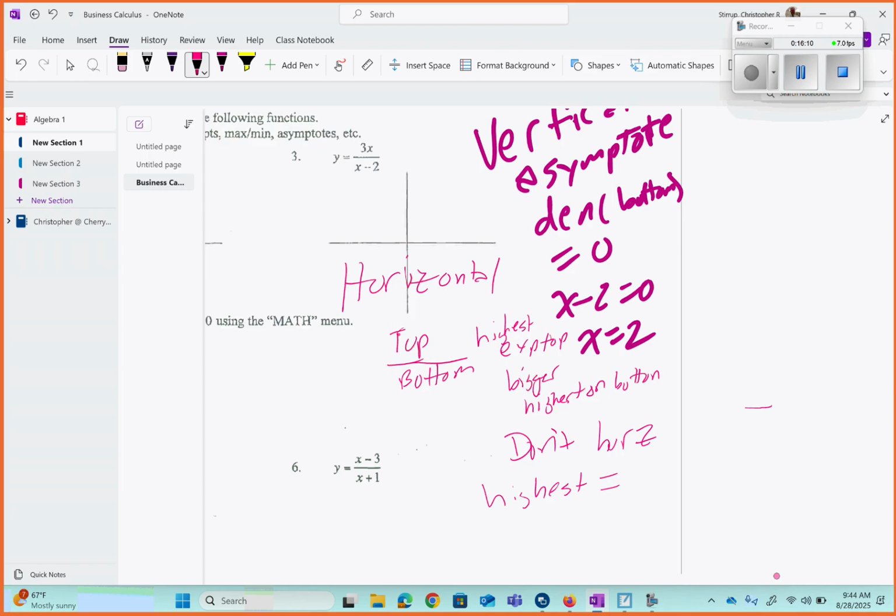If they're equal, you're going to give me the lead number over the lead number.